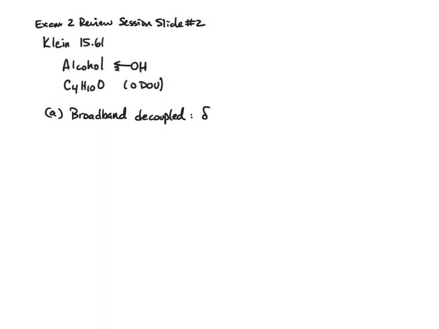What was the number range for broadband again? 0 to 220 parts per million. So you're starting with 4 carbons, and they're telling you the data has 4 unique carbons, so there's no symmetry in this molecule. Otherwise, the number of peaks you would see would be less than 4.